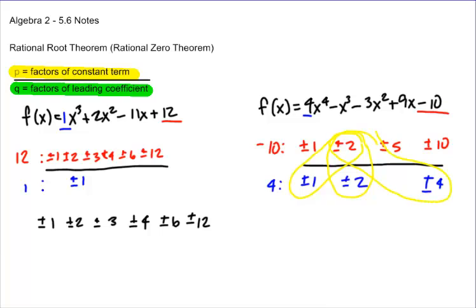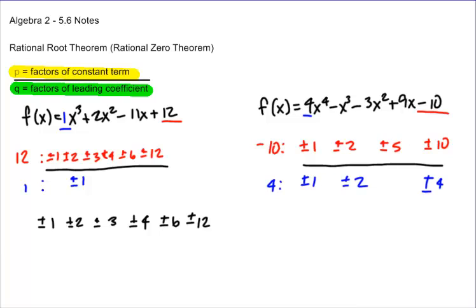Then we do the same thing for 5: 5 and 1, 5 and 2, 5 and 4. And then we look at 10 and 1, 10 and 2, and 10 and 4. So we look at all of these different relationships and write out all the possible fraction combinations. This will take a little bit of ink, but it's totally doable. So we're going to do that right now.